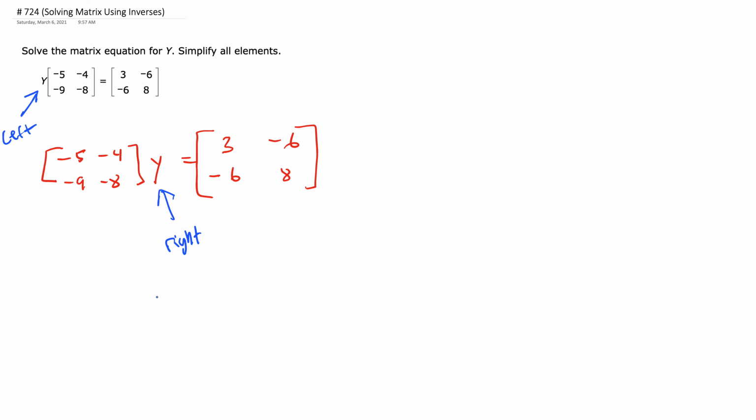Okay? So, and then the matrix, we'll call this the matrix factor. Matrix factor. It right here is on the right. And where's the matrix factor on the bottom one?